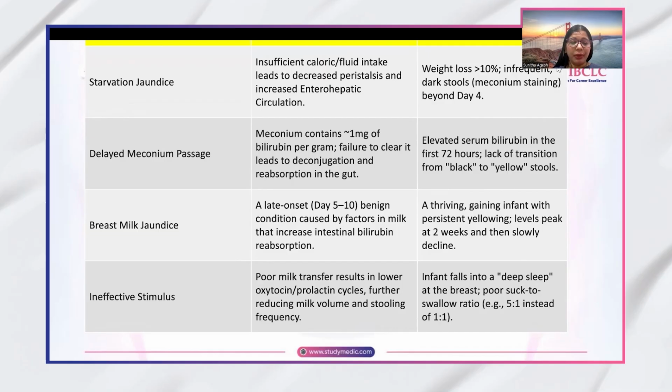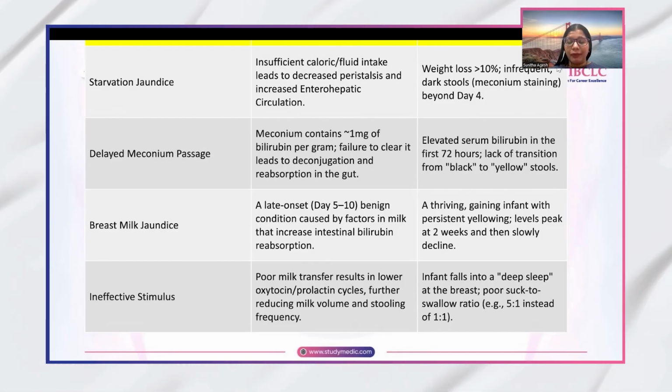Next one is ineffective stimulus, because poor milk transfer results in a lower oxytocin and prolactin cycle. So this is all because of the low milk transfer, which will even reduce the stooling frequency. When there is reduced stooling frequency, the build up of bilirubin inside the body will be high.